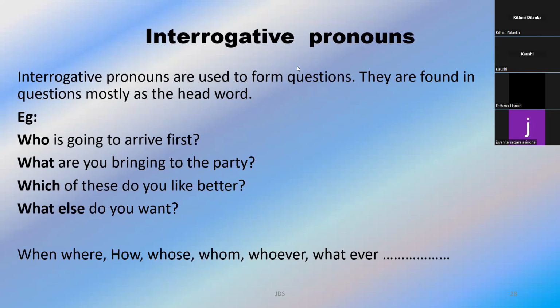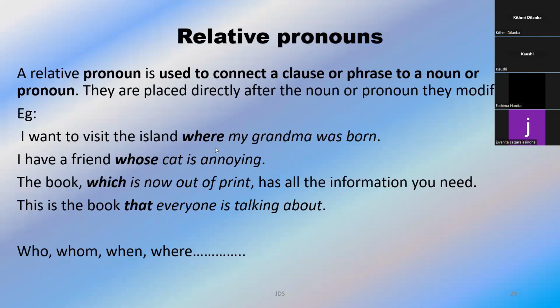So interrogative pronouns, if you remember the WH question words, they correspond to interrogative pronouns as long as they are useful in formulating questions. Then you have the relative pronouns used to connect ideas. Read.